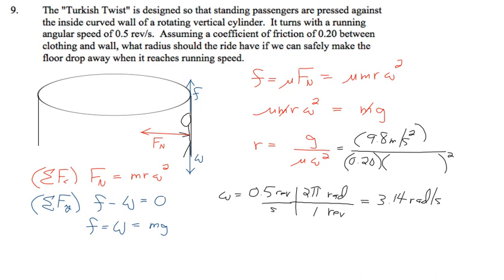Some of you may have noticed that you're losing some points because of that. That's why I have parentheses, because the number gets squared and the units get squared. So I'm going to put in 3.14 radians per second. You can ignore the radian as a unit. It's sort of like a fake unit. But I'm going to have the seconds squared, we'll cancel the seconds squared, and I'm left with meters.